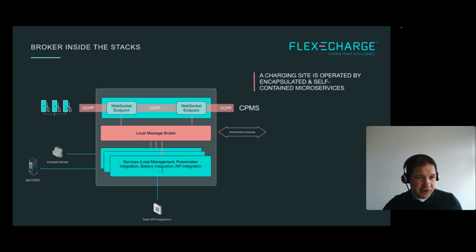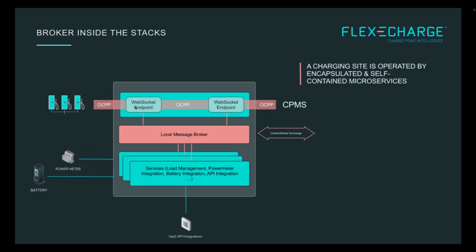So the charging stations connect to a WebSocket endpoint, just in the same way as they would do for any CPMS. On the other side, for any charging station connection here, the system will establish a WebSocket connection to the CPMS and stream data between the two.